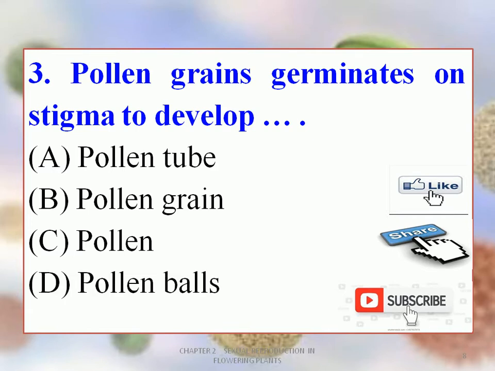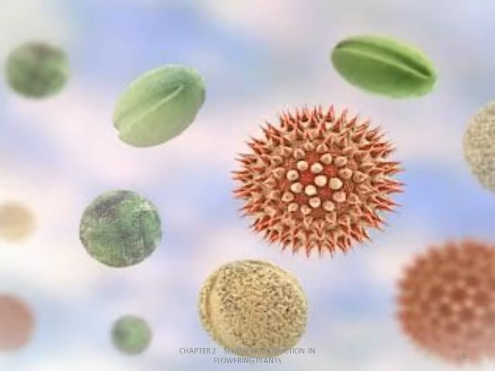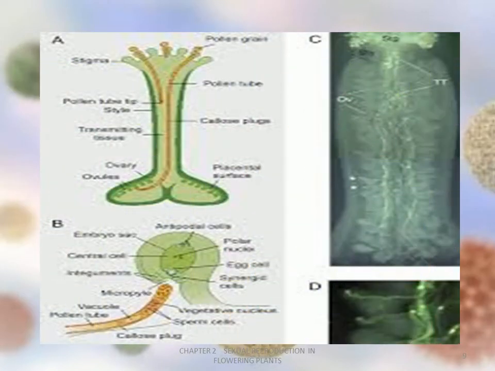And D. Pollen balls. The correct option is A. Pollen tube. Yes, pollen grains germinates on the stigma and they develop the tube-like structure which is called pollen tube.